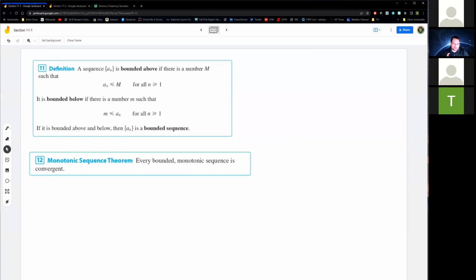That's why looking at direction, decreasing or increasing, is so important. All right. Any questions before we go into series?